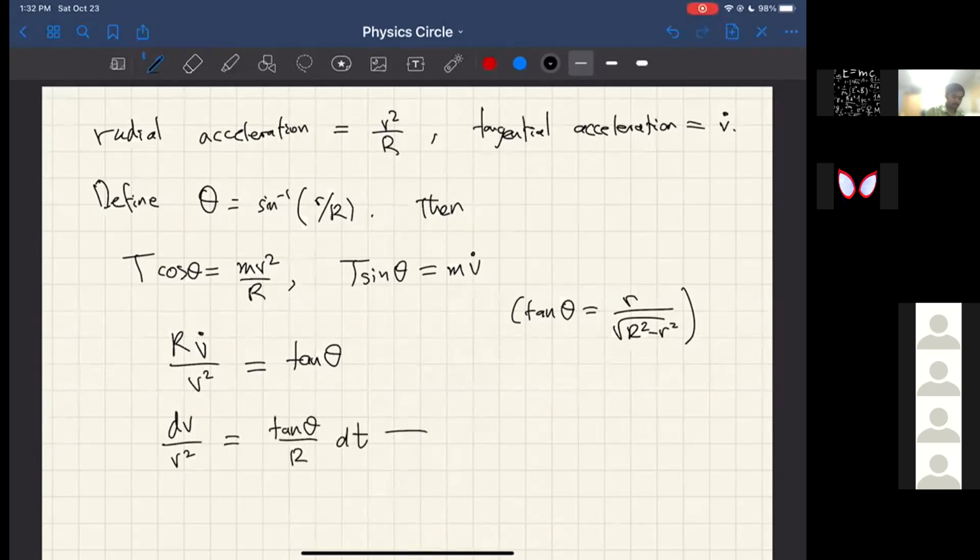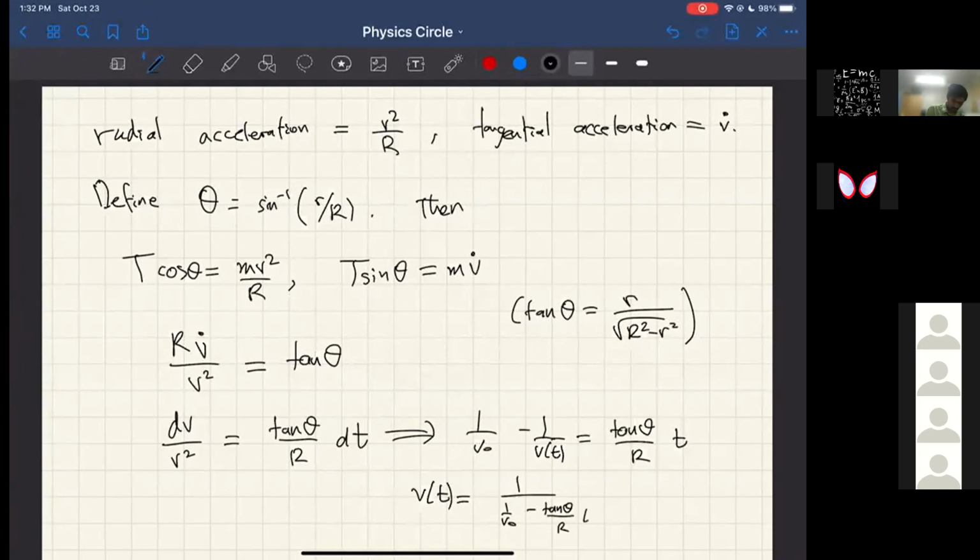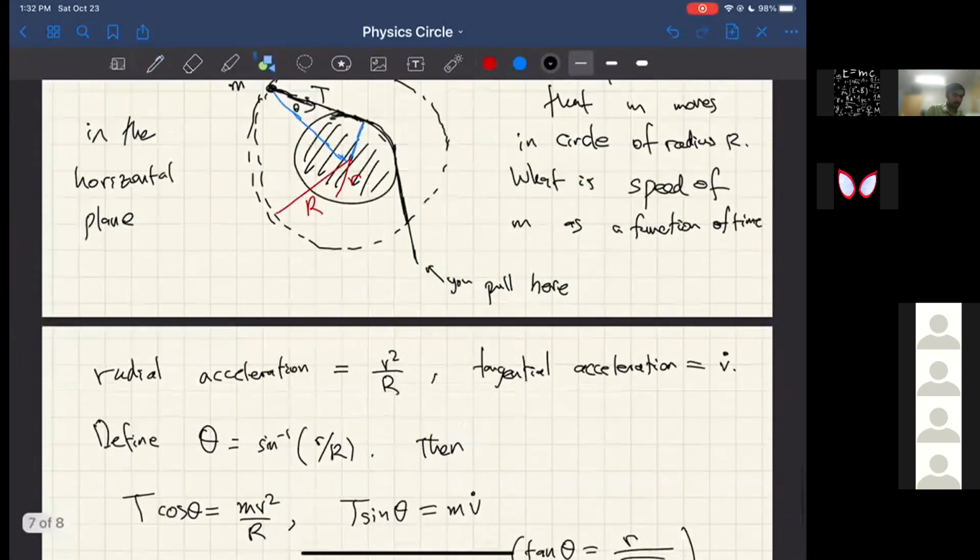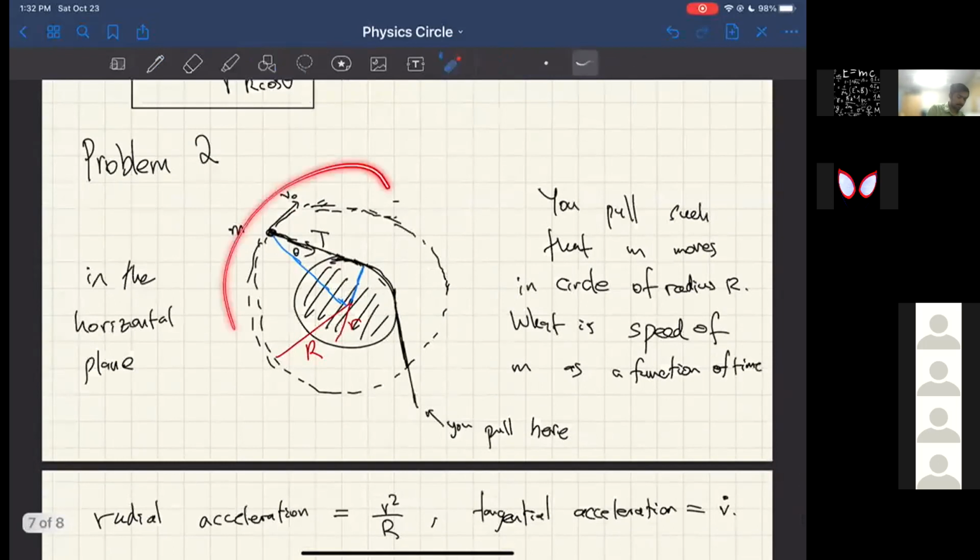So if you integrate this, you get 1 over v0 minus 1 over vt. So v of t is something like... anyway, this is the less interesting part of the problem. The more interesting part is up here, the forces.